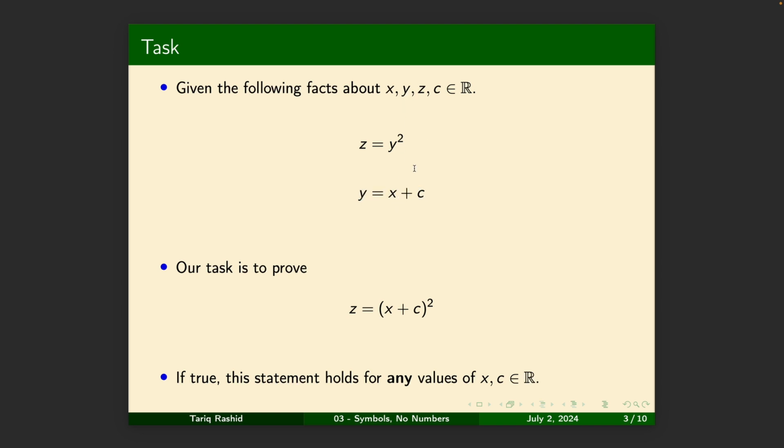So it's general in the sense that x and c could be anything in the set of real numbers, but once we imagine them or pick them, then y is set and z is set if they're constrained. But it's a general statement because as long as x and c can be anything, then whatever they are, z is x plus c all squared.